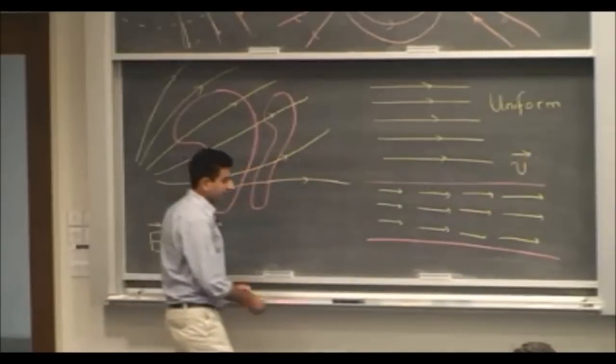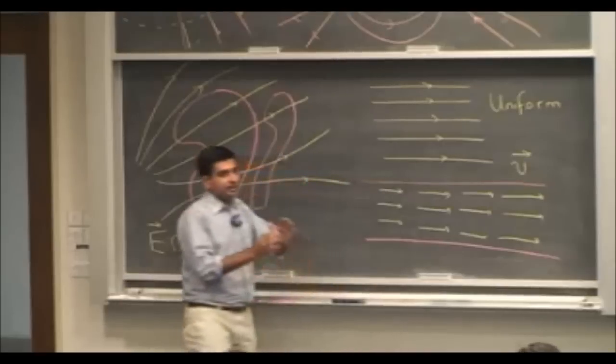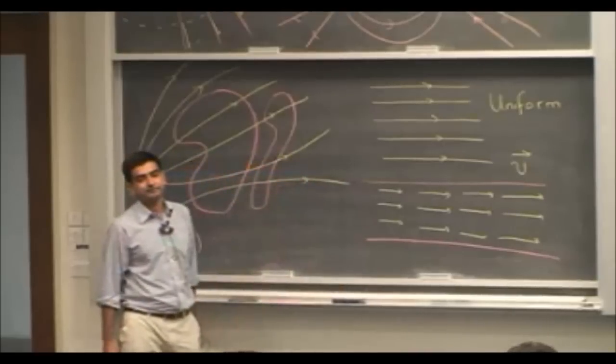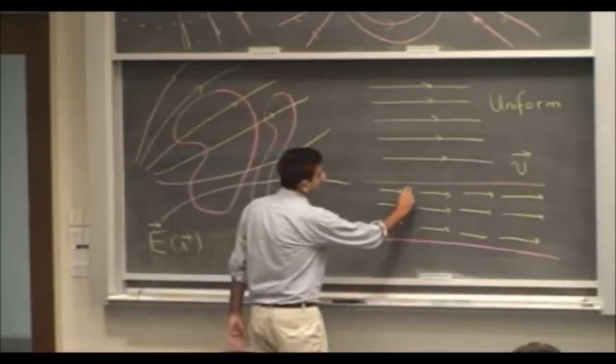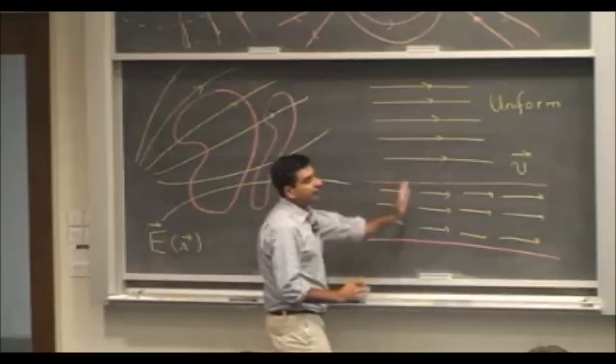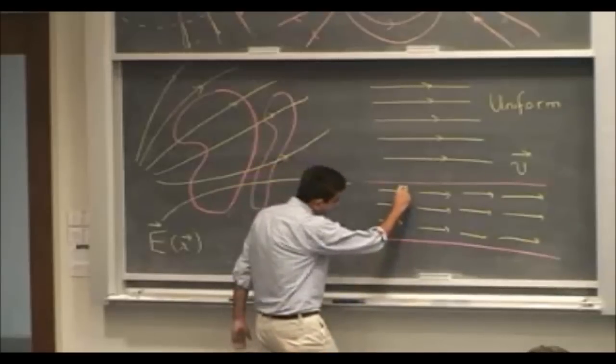So here we're talking about a velocity field. Now suppose I have a hypothetical plane, and this plane is perpendicular to the velocity. And let me draw this plane like this.